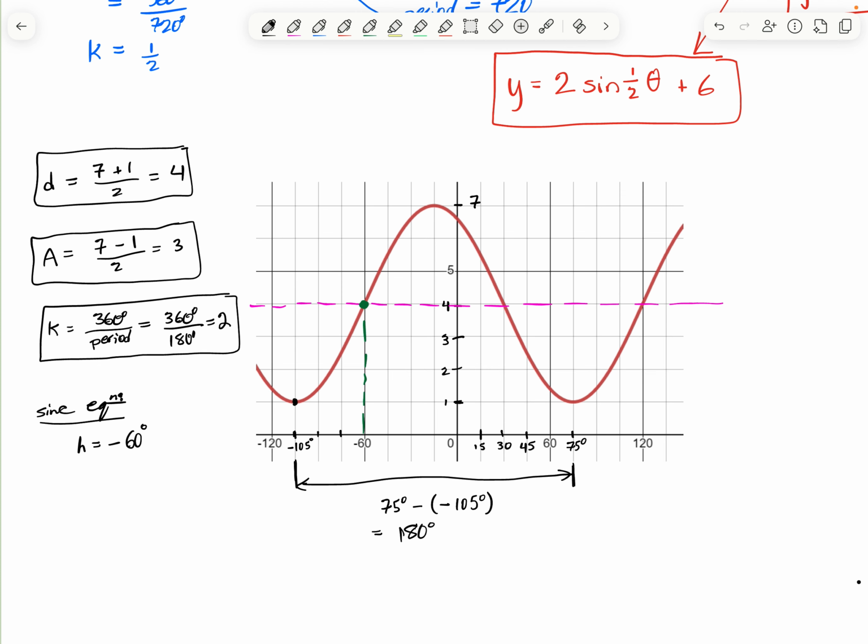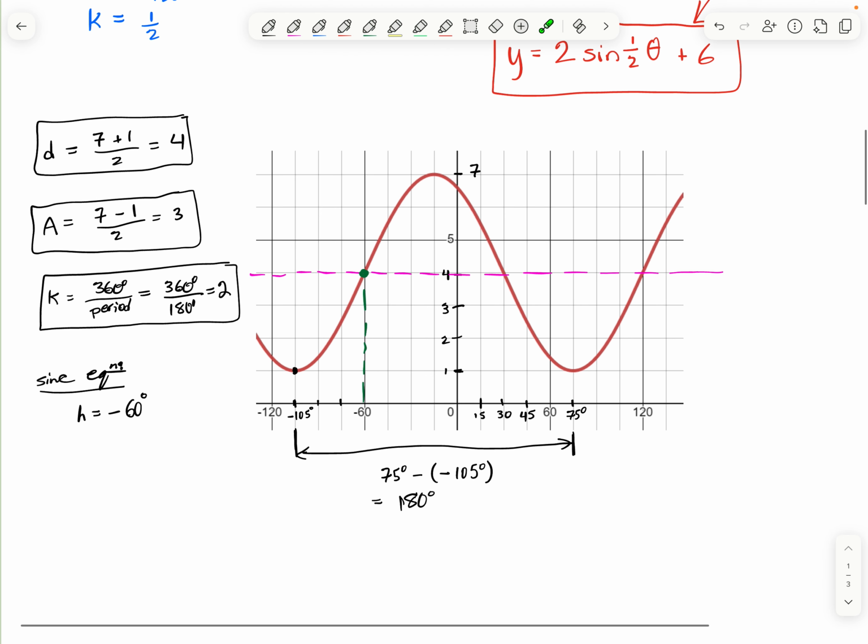Okay, think of it this way. The x value would have to be negative 60. So that's when the actual sine curve, the positive sine, is occurring.